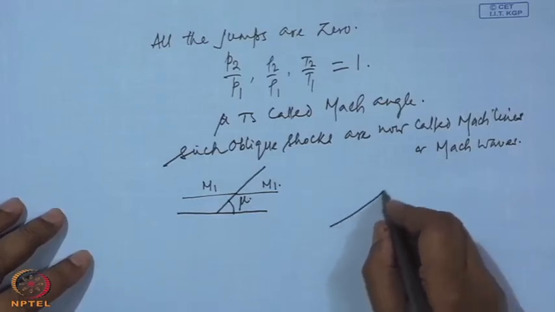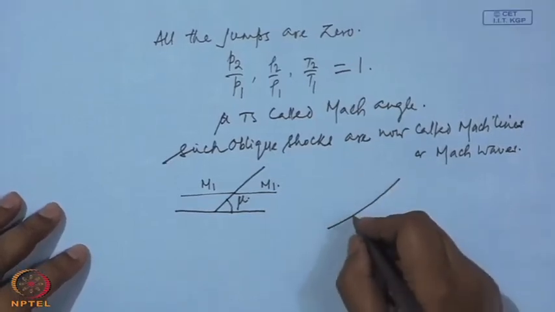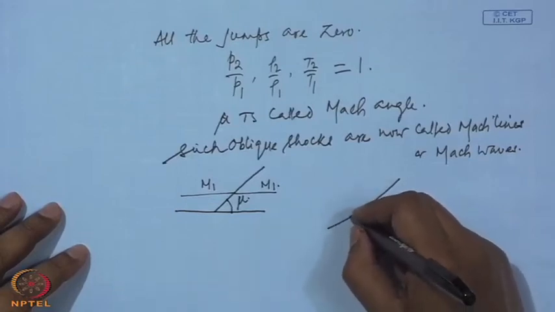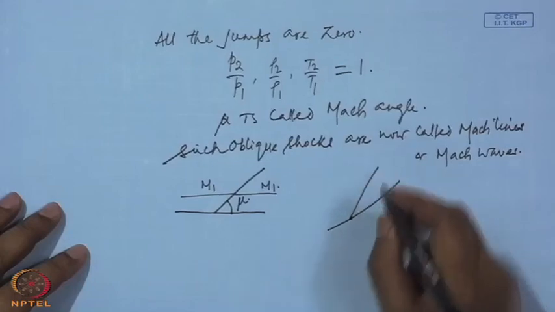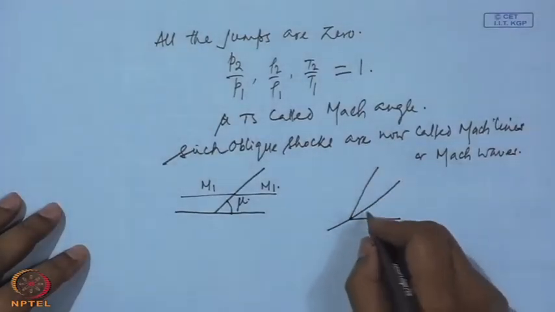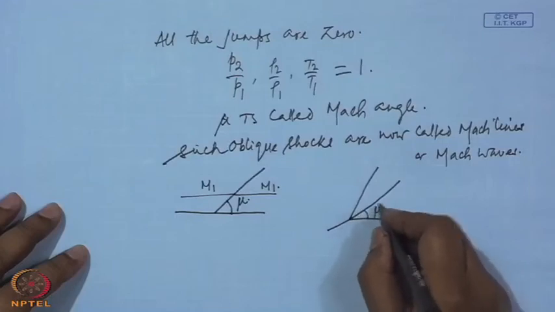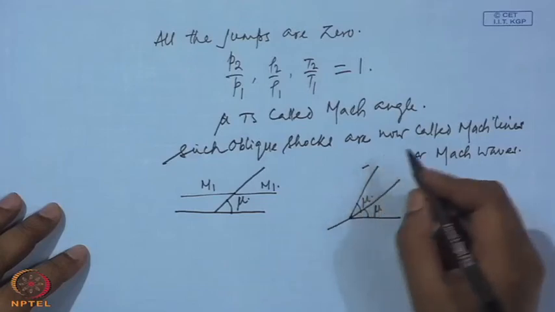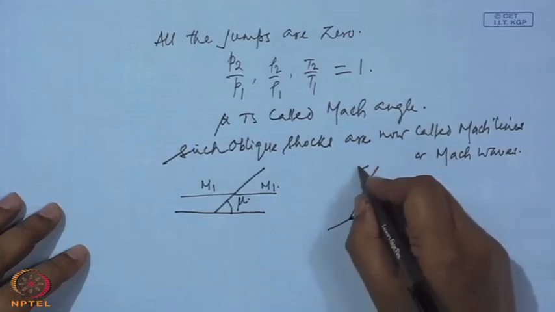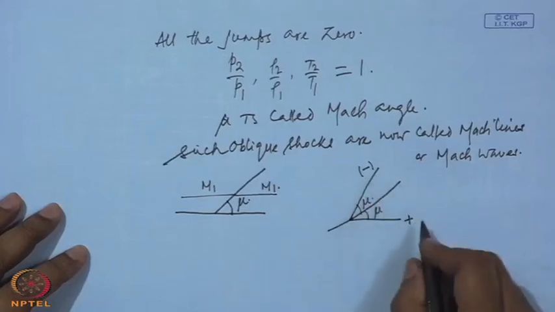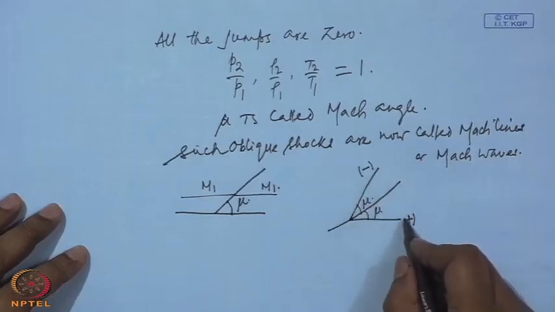And considering any point on any particular streamline, we can have a Mach line to this side as well as to this side, and these are then called left running Mach lines.